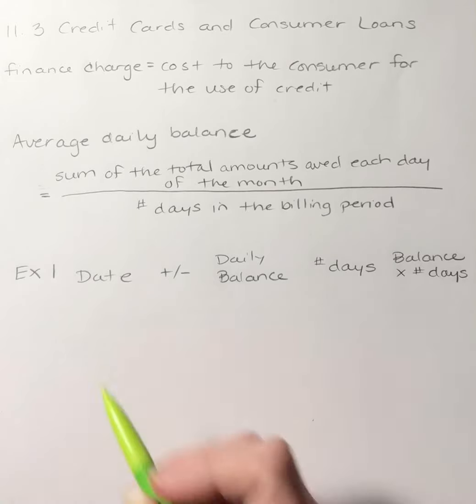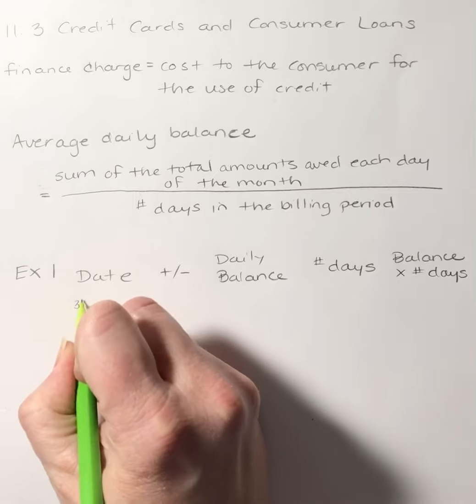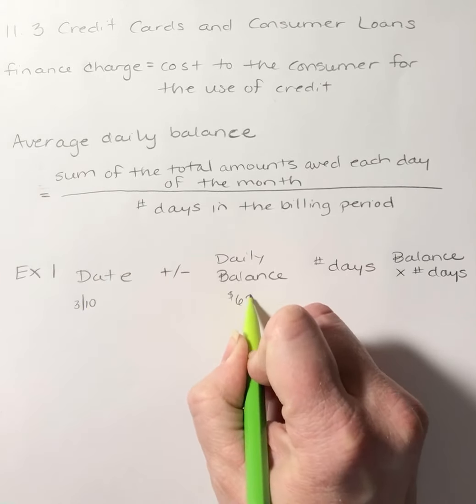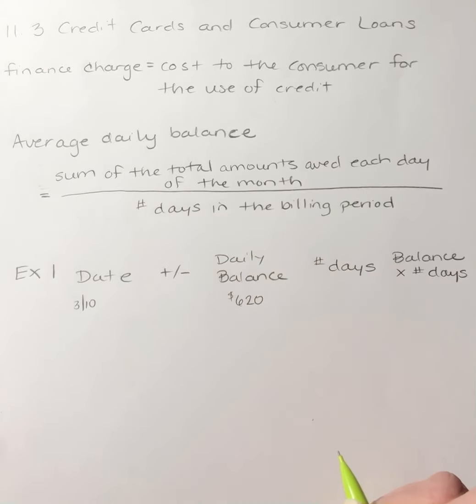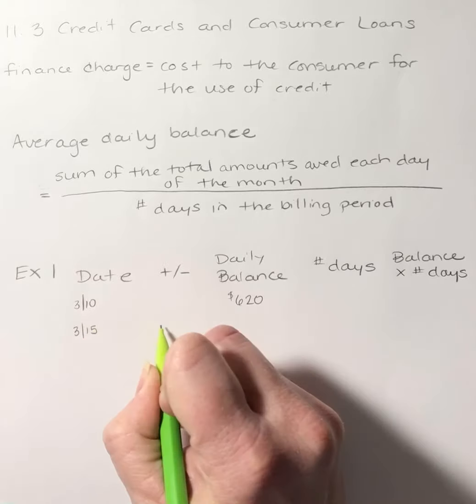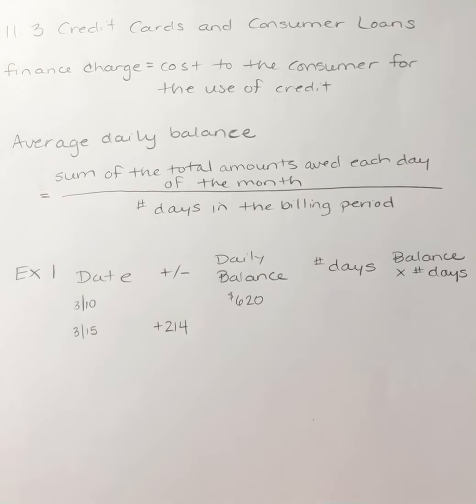So we start with March 10th, okay? And the balance right now is going to be $620. A purchase of $214 was made on March 15th. So on 3/15, a purchase of $214 was made, okay?